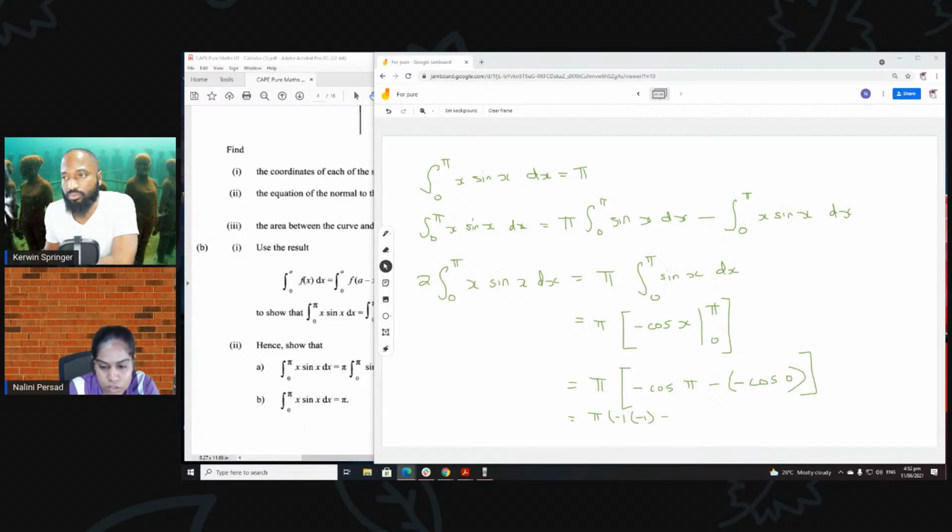And cos of 0 is just 1. Right. A negative or negative will give you a positive. So you have pi, -1 by -1 is 1, plus 1, which is 2 pi. Sweet. So this has to come down to this.